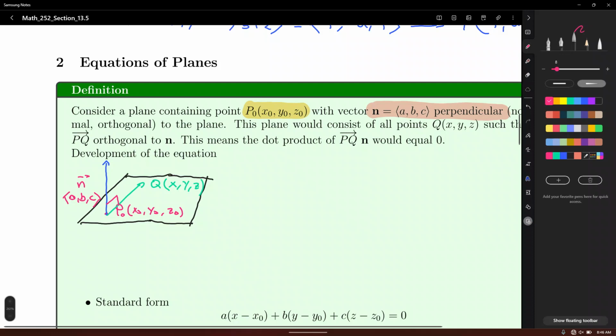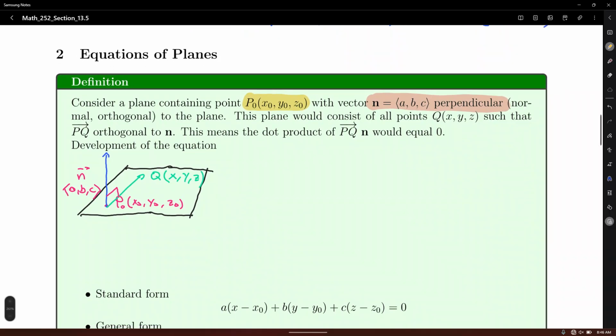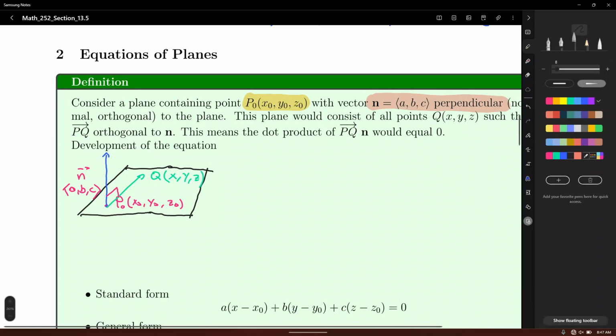Here, let's get the algebraic expressions for these vectors. Number one, let's describe the vector P naught Q. How do we get that vector?